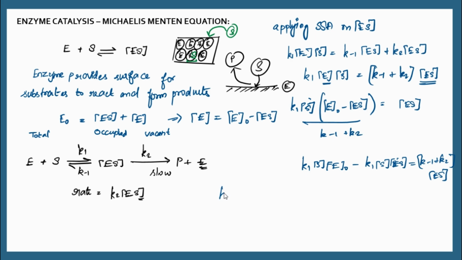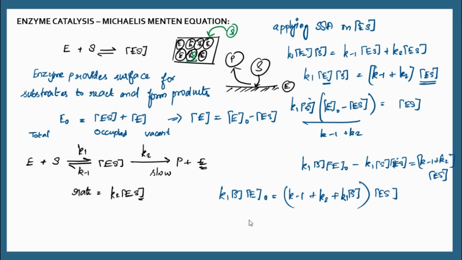So this is going to be K1 concentration of S concentration of E naught, which will be equal to K inverse plus K2 plus K1 concentration of S, into concentration of ES.